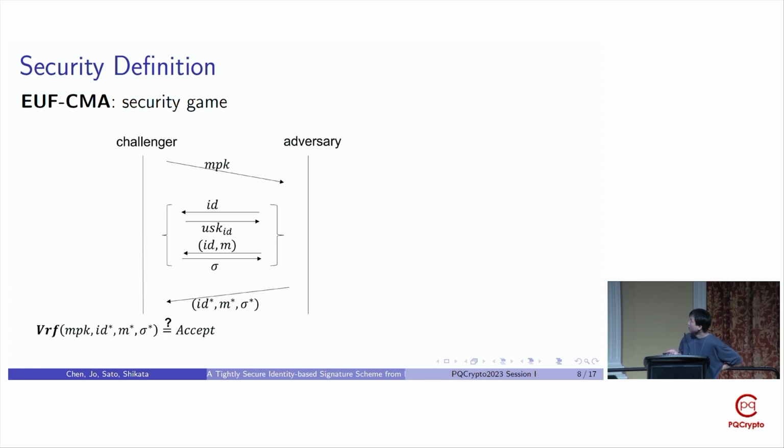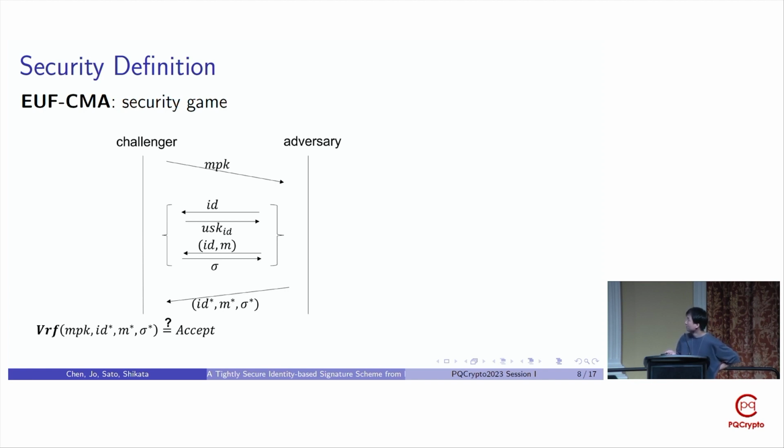Then we introduce the security definition of IBS. The usual security notion of IBS is existential unforgeability under chosen message attack, or EUF-CMA, which is defined by a security game between a challenger and an adversary.